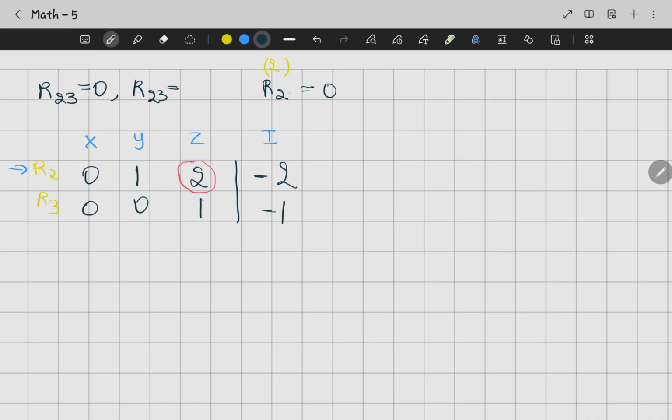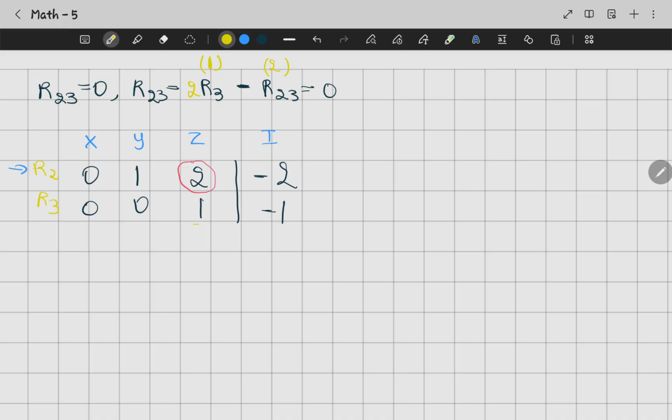Since we're working with row 3, and row 3 column 3 is 1, 1 minus 2 is not going to give me 0. So for me to make it 0, I have to multiply it by 2.